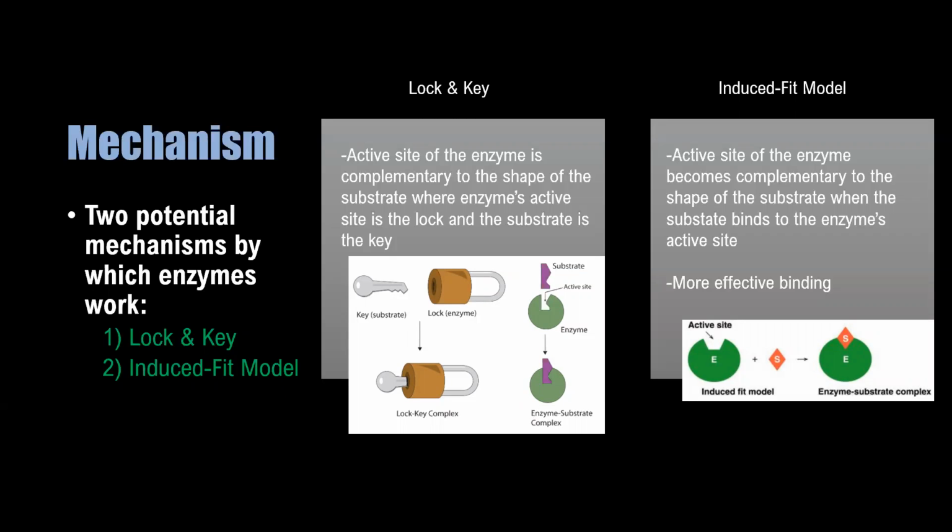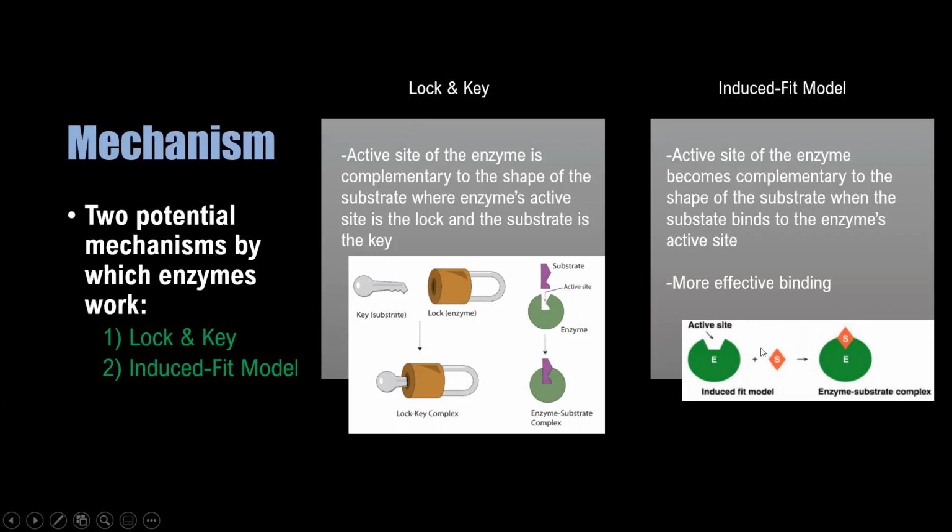In lock and key, the active site of the enzyme is complementary to the shape of the substrate, and hence the substrate binds to the enzyme at its active site as the key binds to the lock, thereby it's called lock and key mechanism.